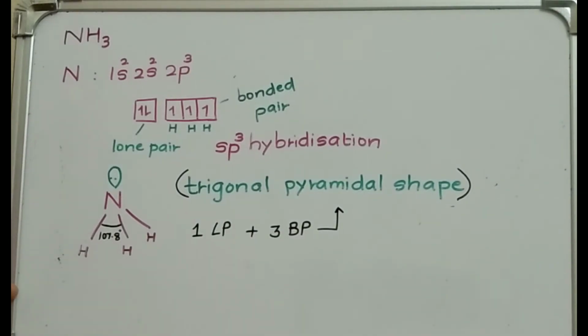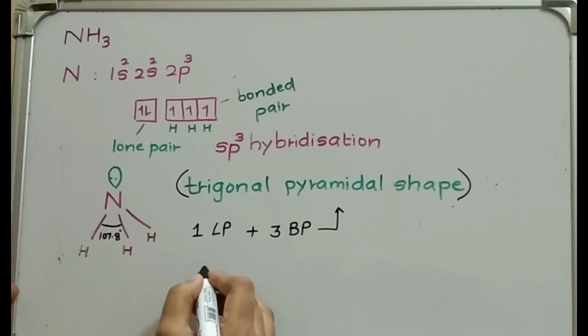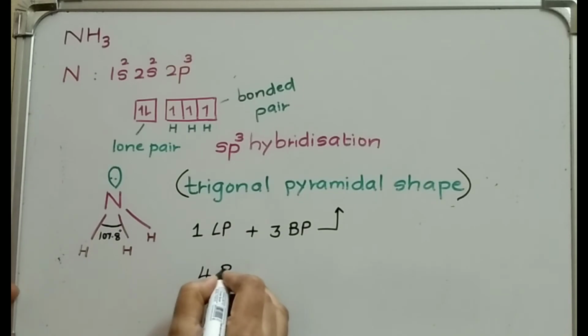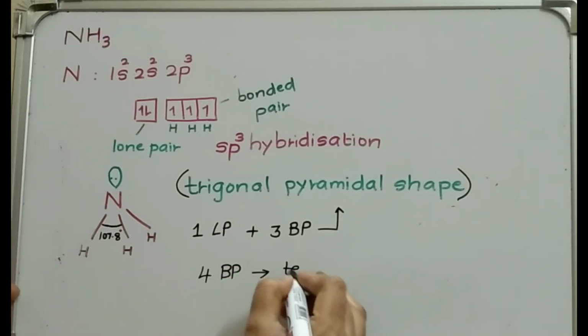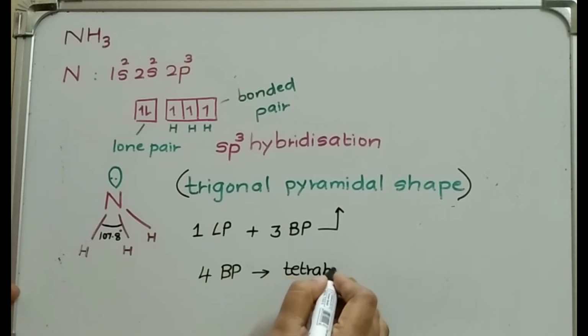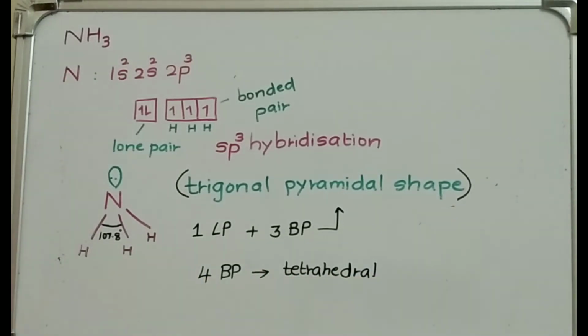But if all the electron pairs are taking part in the bond formation, so I will write here 4 bond pairs are there, then it is tetrahedral. Bond pair means what? Bond pair of what? Electrons. Lone pair, electrons, correct. So the structure of ammonia is trigonal pyramidal shape.